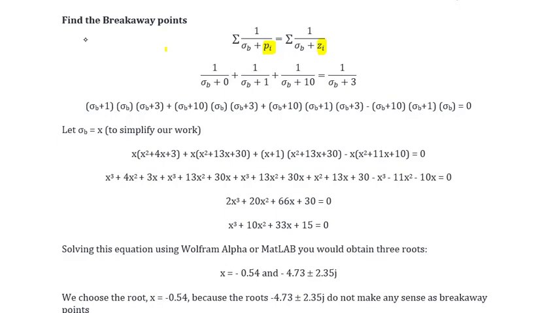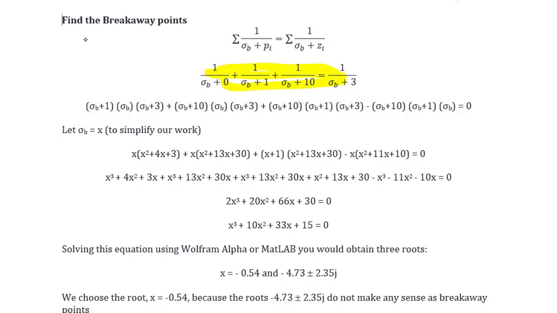So 1 over sigma b plus 0 for the pole at 0. 1 over sigma b plus 1 for the pole at negative 1. 1 over sigma b plus 10 for the pole at negative 10. And then equals 1 over sigma b plus 3, that's the zero at negative 3. So this gives you a formula that is not easy to factor unless you multiply each term by all the other denominators so that you can get common denominators and then cancel those out.